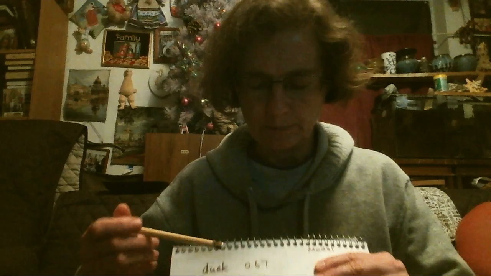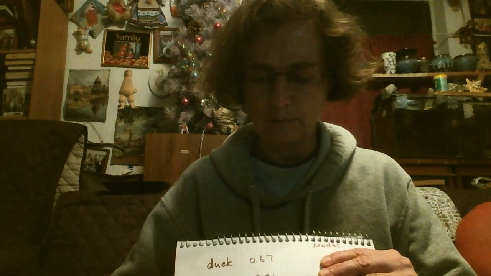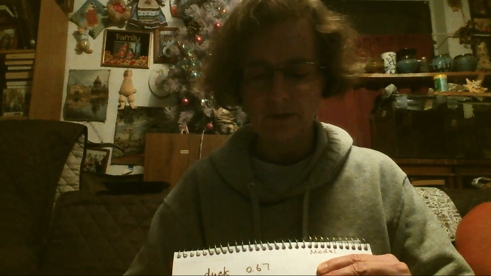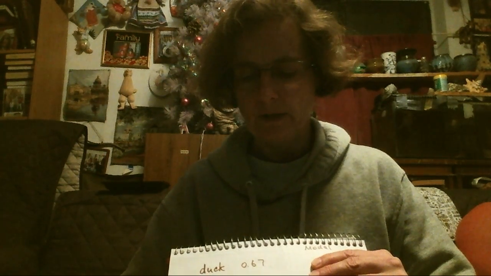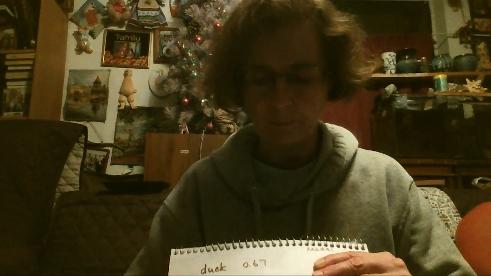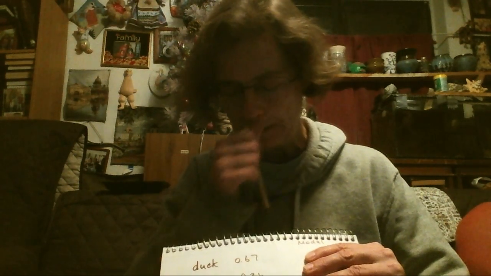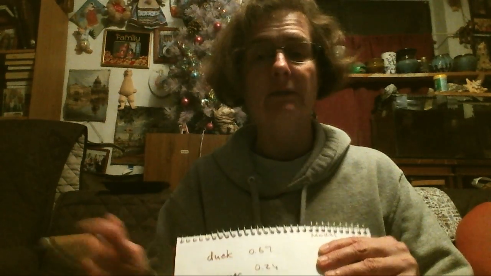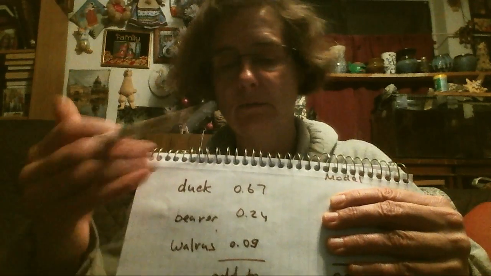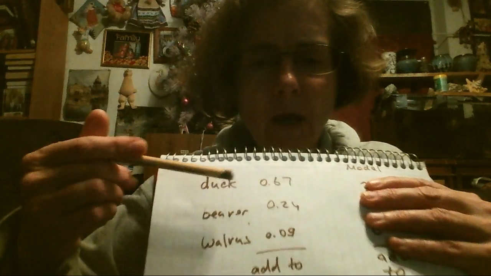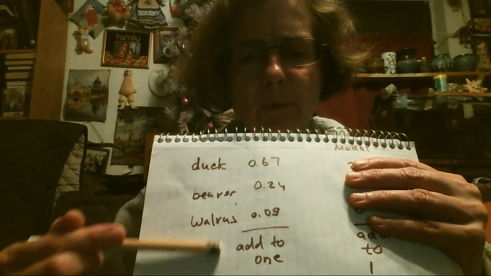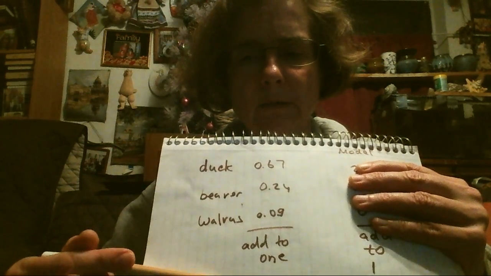I'll start with probabilities for duck, beaver, and walrus. Duck will have 0.67, beaver 0.24, walrus 0.09. Those are just example numbers, just for illustration purposes. So our probabilities have to add up to 1.